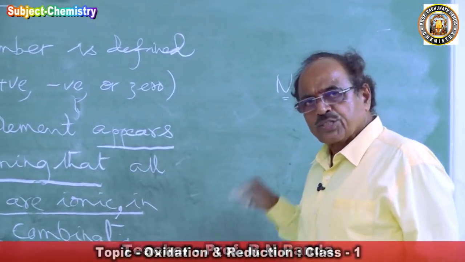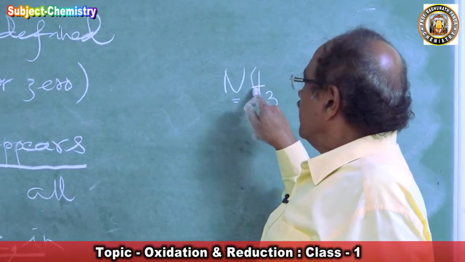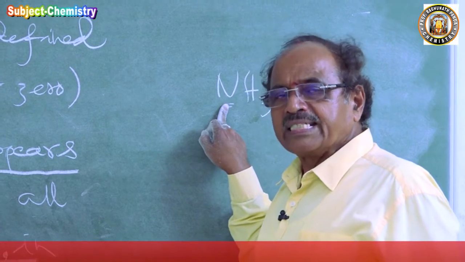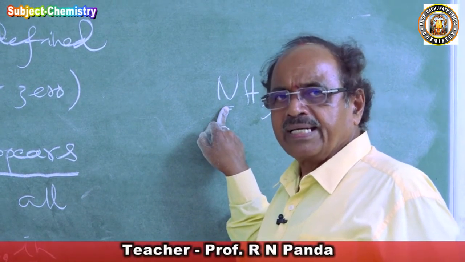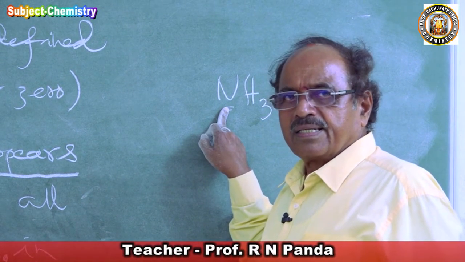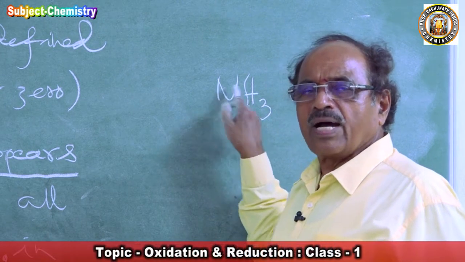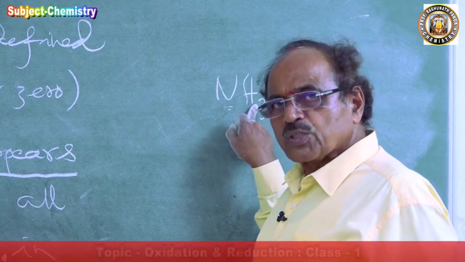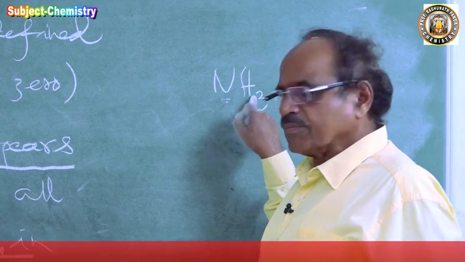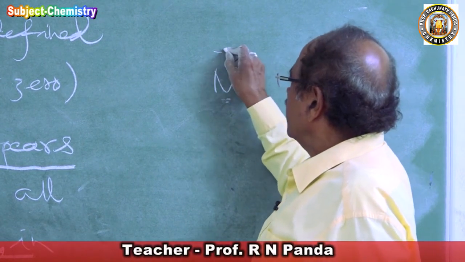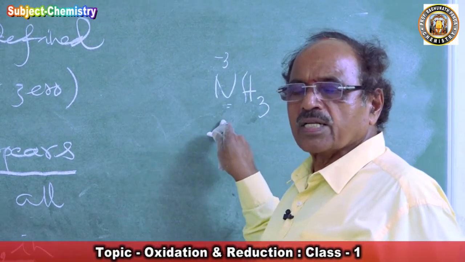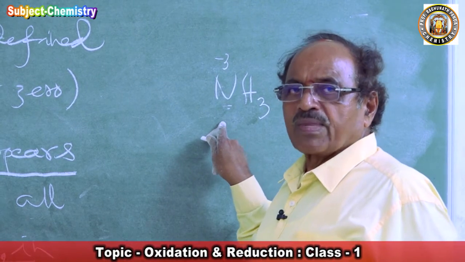So we assume that hydrogen is combined to nitrogen by ionic linkage. Then what is the charge? Hydrogen is bonded to nitrogen, hydrogen is +1, so nitrogen must be -3 here. So -3 is the oxidation number of nitrogen.